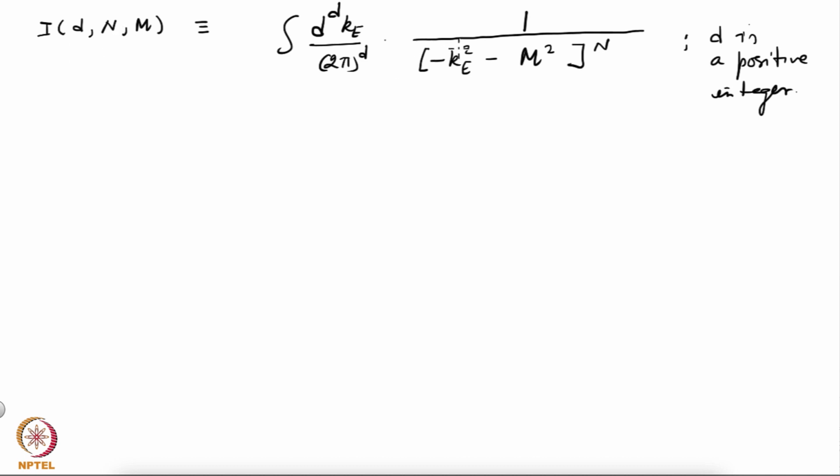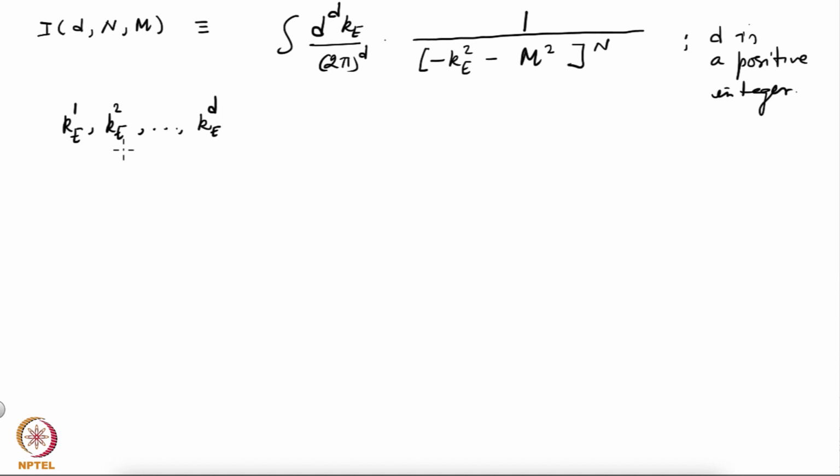So you see that the integrand does not depend on the different components of the vector k_E independently. It only depends on k_E square. So it immediately tells us that we should be using spherical coordinates. They are the most suitable coordinates in this case. So let me introduce that: k_E1, first component of the Euclidean k, and second component and so forth.